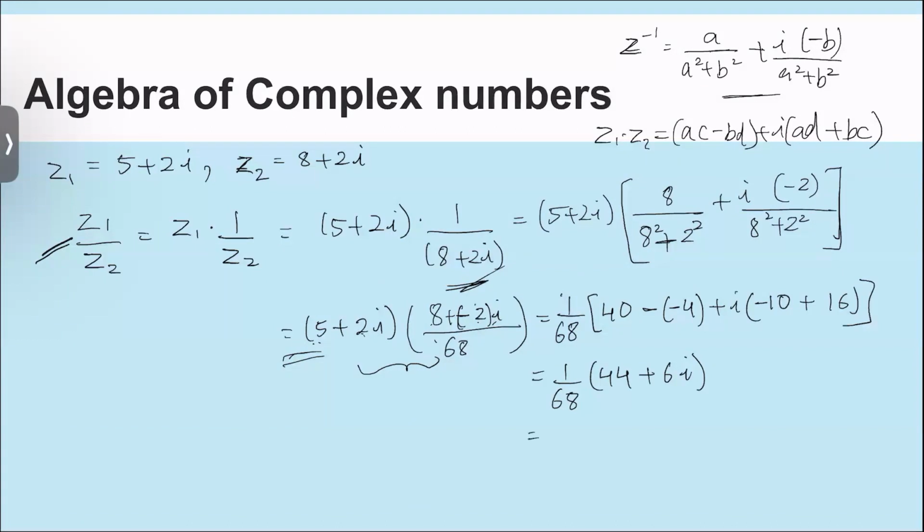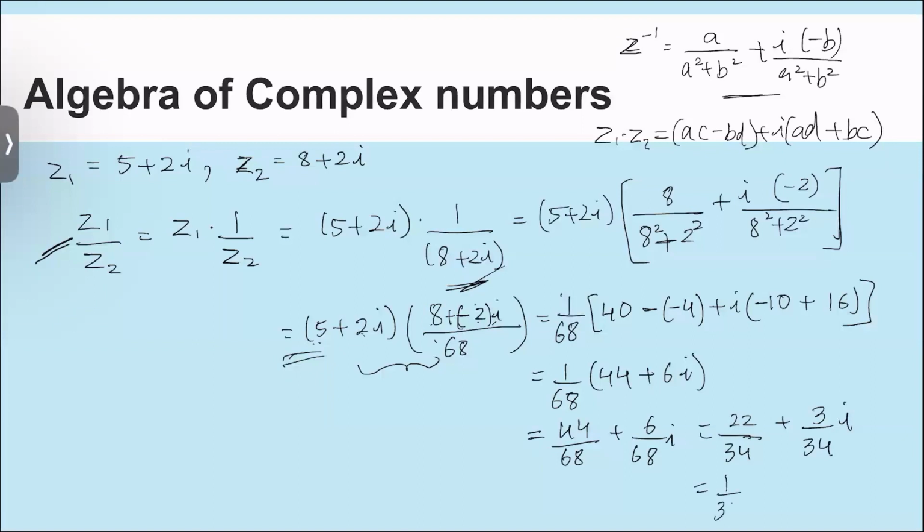If you want to simplify it further, divide all across by 2. If you write this in terms of 44 by 68 plus 6 by 68, and you divide the terms by 2, what you are left with is 22 by 34 plus 3 by 34 i.